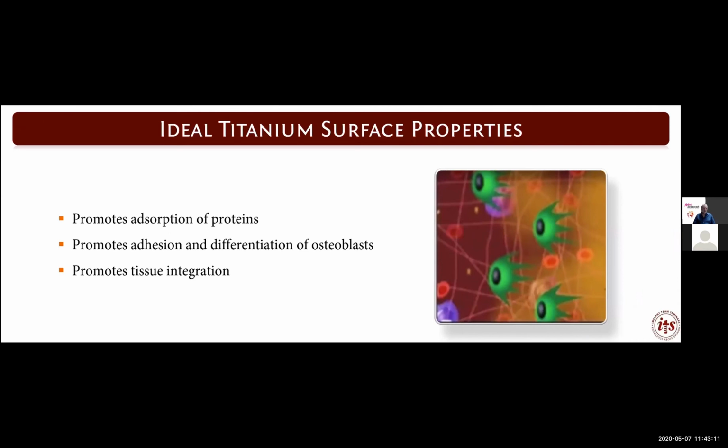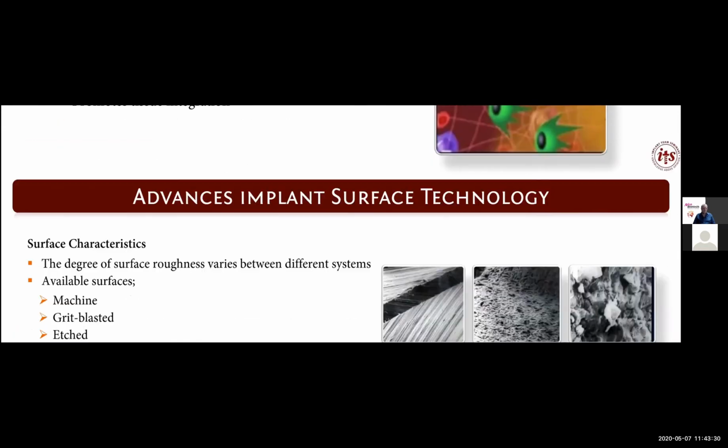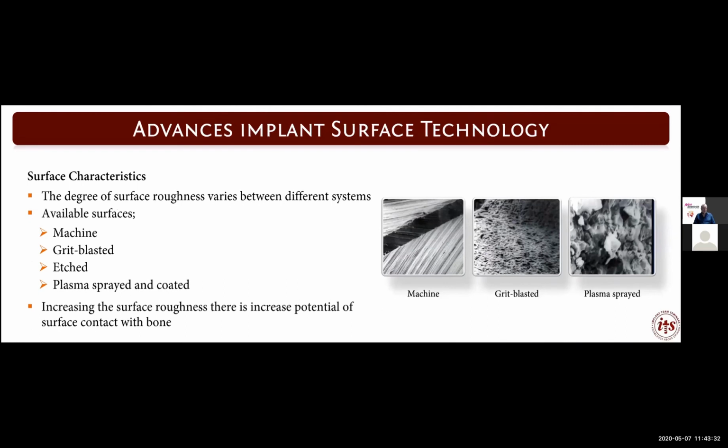Surface characteristics like topography, wettability, and coatings contribute to the biologic process during osseointegration by mediating the direct interaction of host osteoblasts to bone formation. By increasing surface roughness, there is potential increase of bone implant contact.